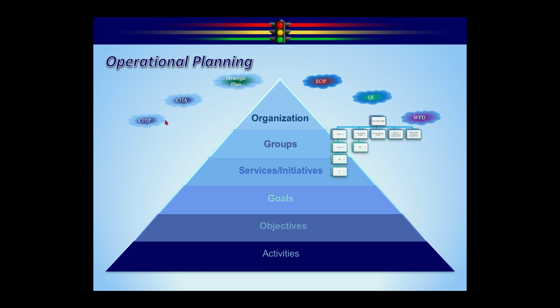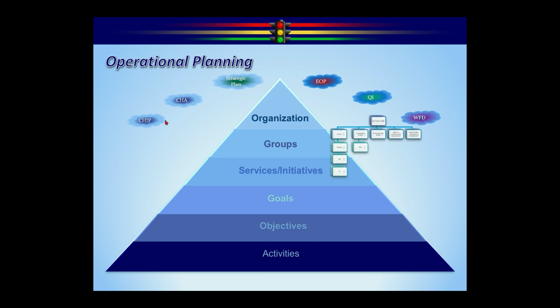Now, this nomenclature that you see, organizations, groups, service initiatives, goals, objectives, and activity, is probably the most common nomenclature for an operational plan. However, there's nothing that says it's cast in concrete. We've gotten plans from health departments all over the nation that have the same model, but the names are different.